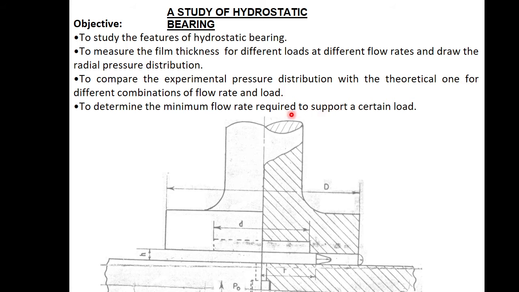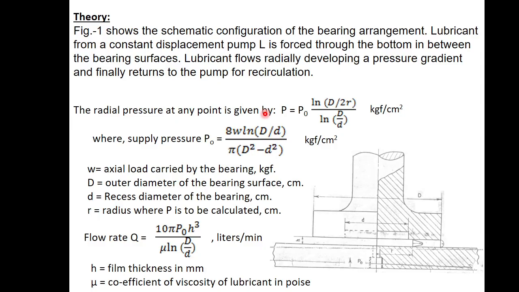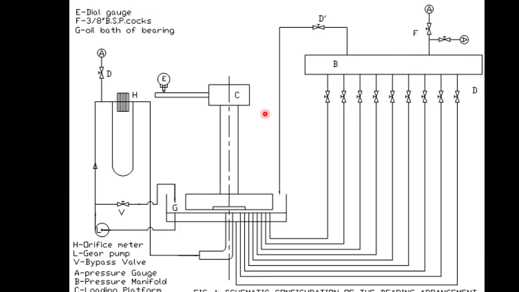How can that be done? To obtain minimum flow rate, see, when this is closed, the total flow is coming through this path. Now, we are not measuring the film thickness, that part of the measurement is done. This is free now, free to rotate.